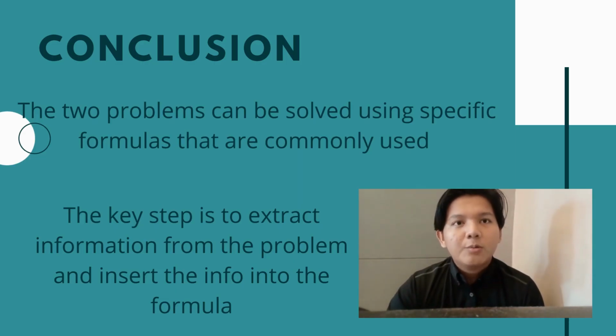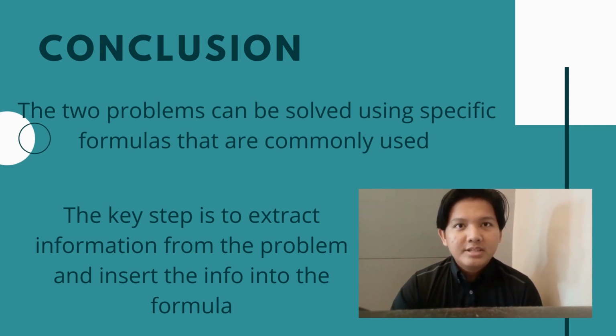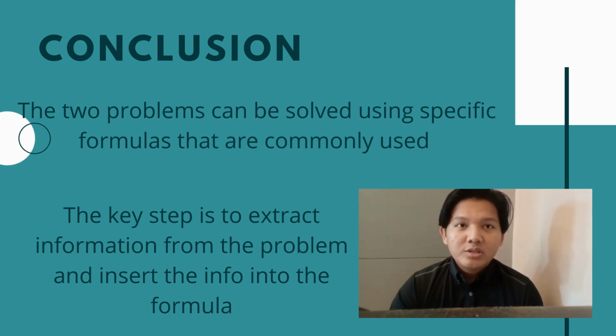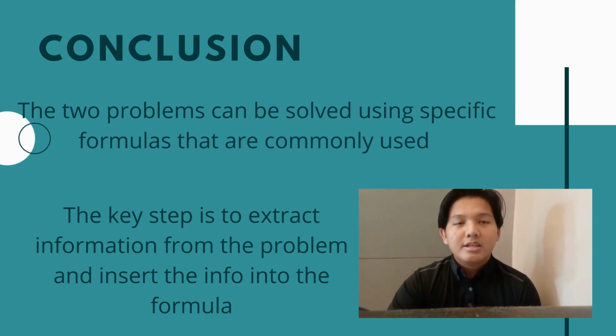In conclusion to our topic, we can conclude that the two problems can be solved easily using formulas that are easily found. For the population problem, we can use the formula P equals A multiplied by B to the power of T to find the number of rhinoceros after certain years.